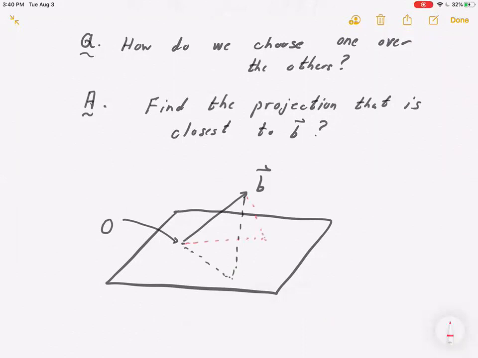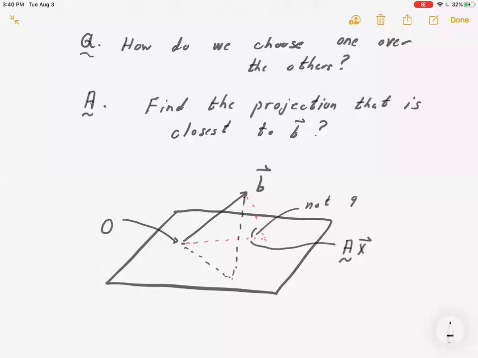Here's another. This projection here really is simply A times X, where this angle is not 90 degrees.